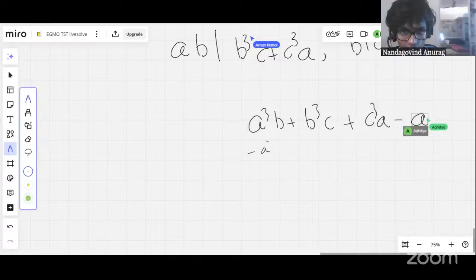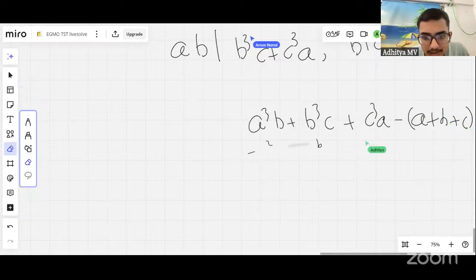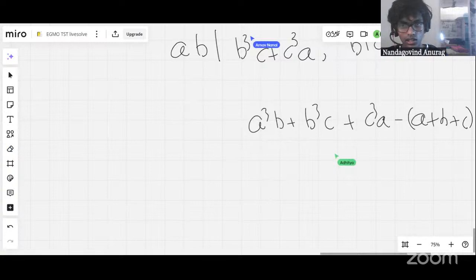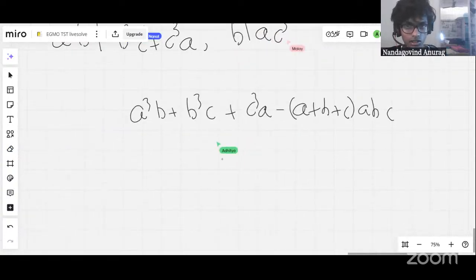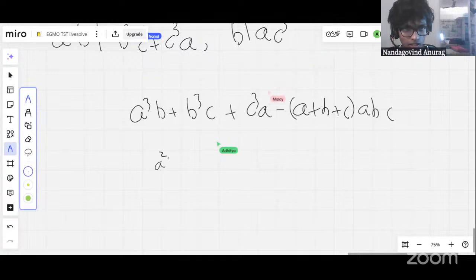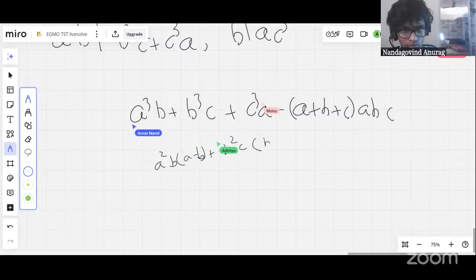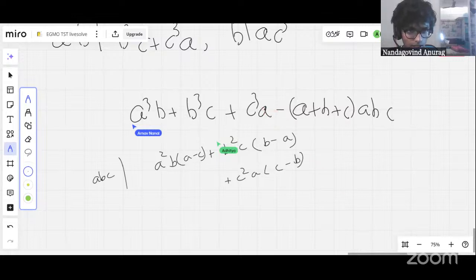I'll subtract A square BC, and you also subtracted B. Now I just take out A. So this will be A square B times A minus B plus B square C times B minus A. This will be minus C, A minus C. And this will be C square A times C minus B. So we have ABC divides this.